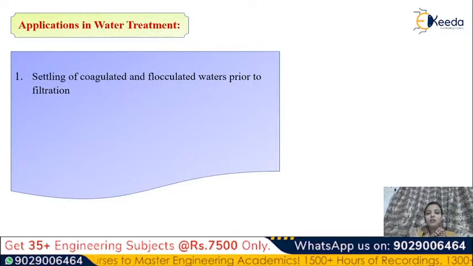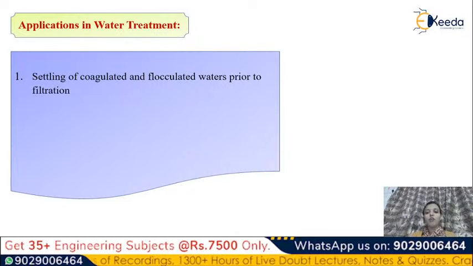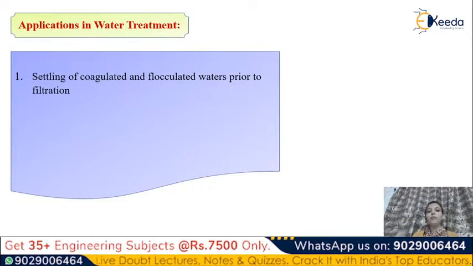Floc means a cloudy structure. It is a heavy particle. So basically, in the coagulation flocculation process, we are converting the small dissolved particles into bigger size particles. That floc formation will be removed in the secondary sedimentation process.